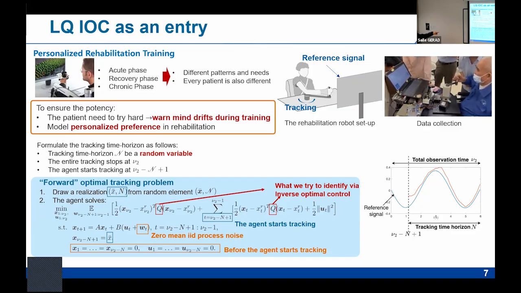We first draw this realization, the initial point X bar and N, the tracking horizon length, as a random variable. Then the optimal control problem is conditioned on the realization of these two parameters.